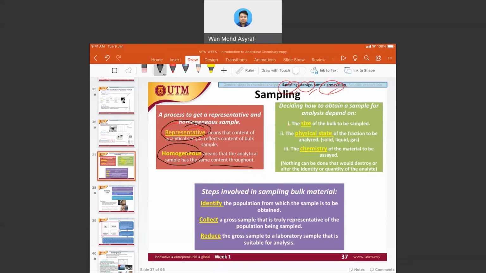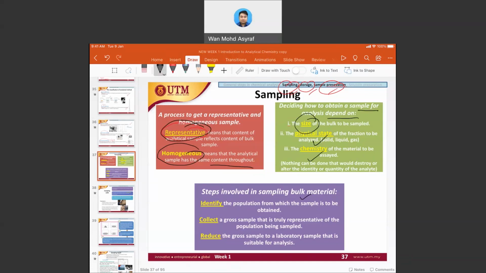All right. So, deciding on how to obtain a sample depends on the size of the bulk, the physical state, and the chemistry of the material to be assayed. So basically, what are the steps involved in sampling a bulk material?